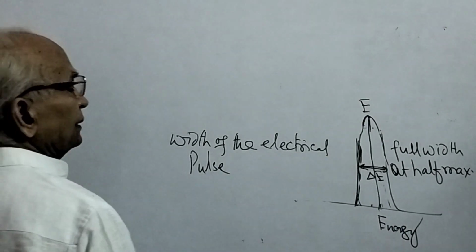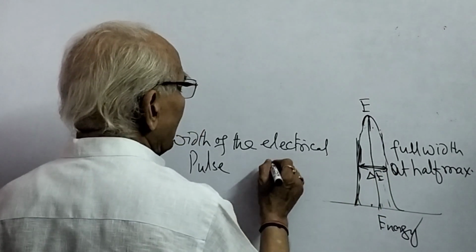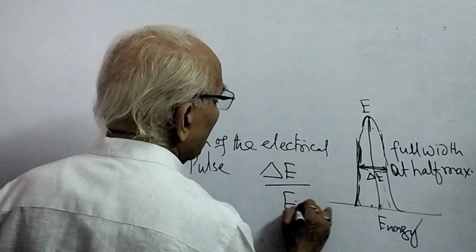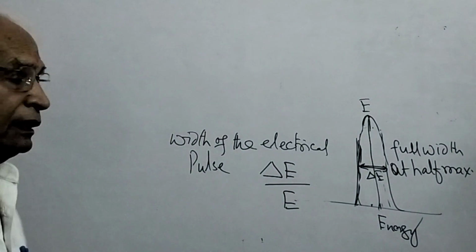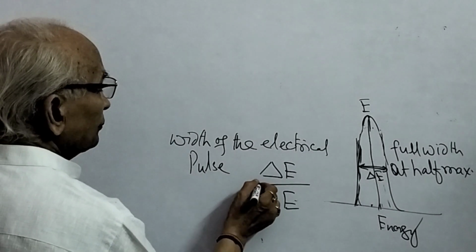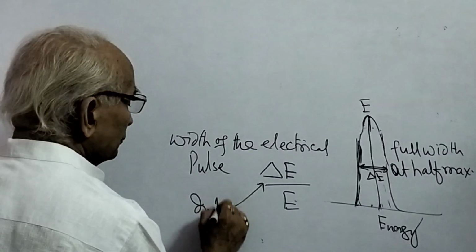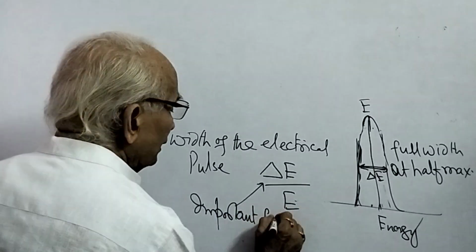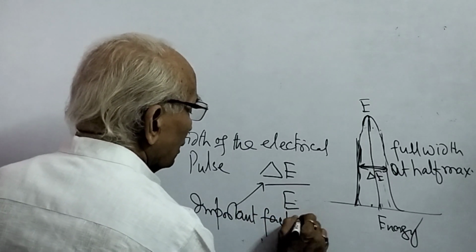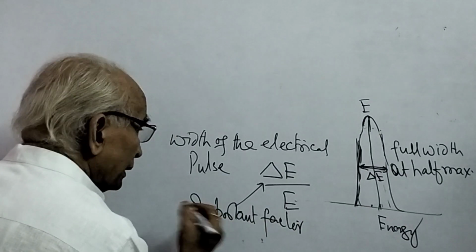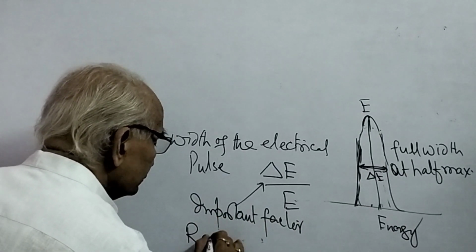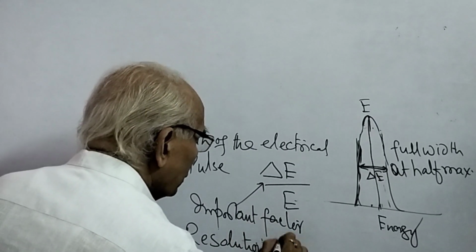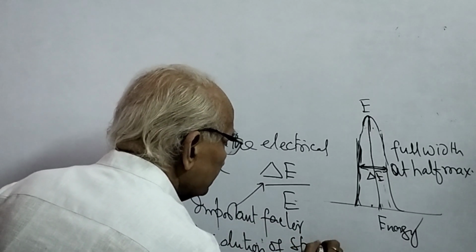So width of the electrical pulse, this much, delta E over E, this is a very important factor, connected with the resolution of a spectrometer.